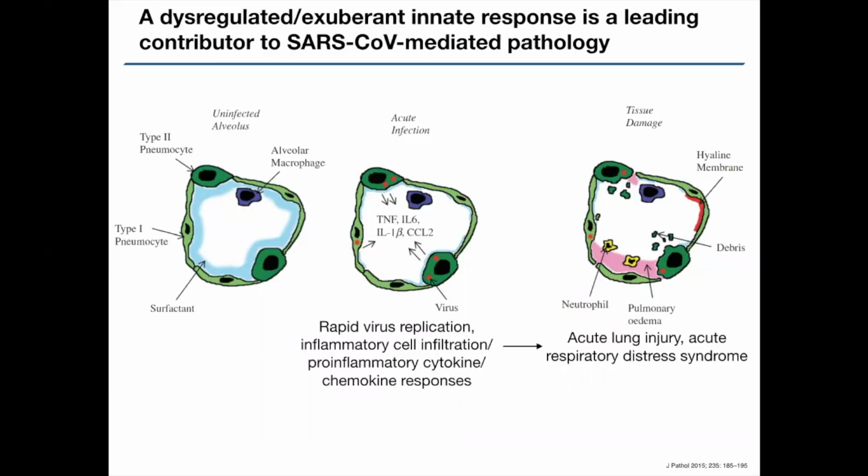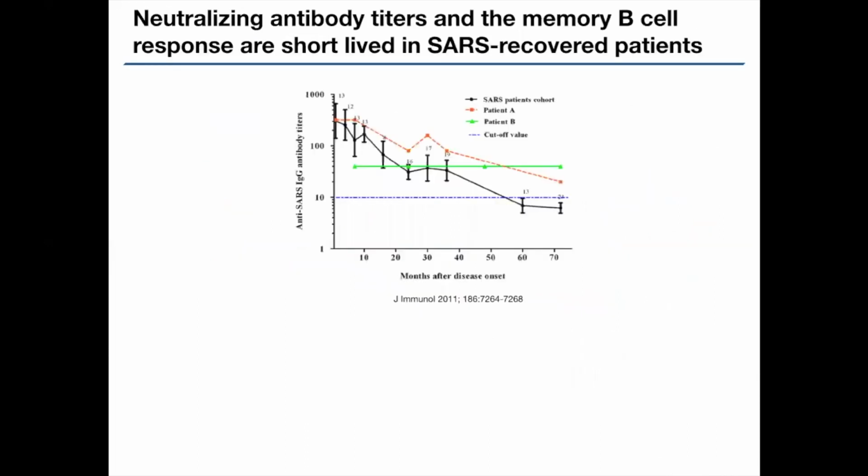This leads to inflammatory cell infiltration and release, probably both from the infected cells as well as from these infiltrating inflammatory cells, of pro-inflammatory cytokines and chemokine responses. And it is those immune responses that are thought to lead to acute lung injury and acute respiratory distress syndrome. So a clear immunopathology associated with these infections.